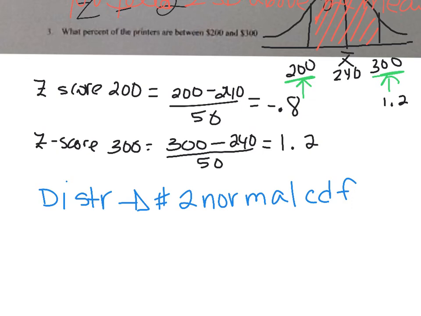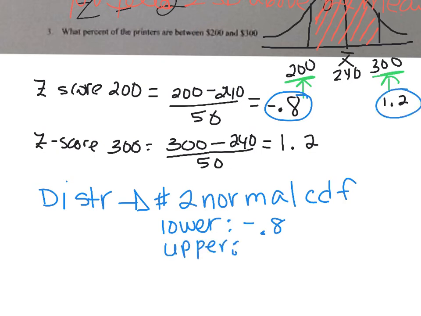All right, and then it comes up lower. Your lower number is your smallest standard deviation, which in this case would be negative 0.8. So type in negative 0.8 and then hit enter. And then you're going to do upper. That would be your larger standard deviation, which is 1.2. So type in 1.2, enter.